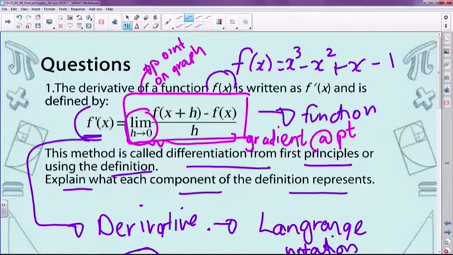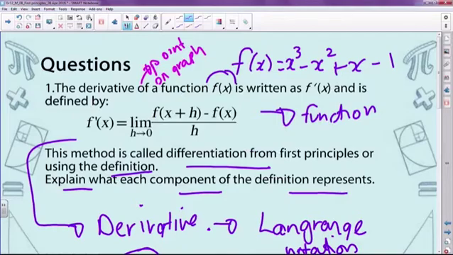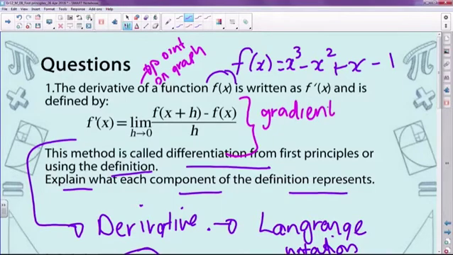All right. And then if we look at the whole thing all together now, f prime x is equal to the limit as h approaches naught of f of x plus h minus f of x all over h. That whole formula gives us the gradient of a curve, or it can tell us the slope of the tangent line anywhere on the function.